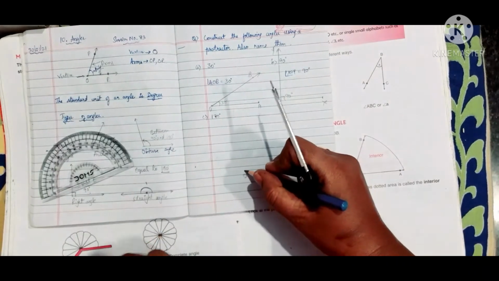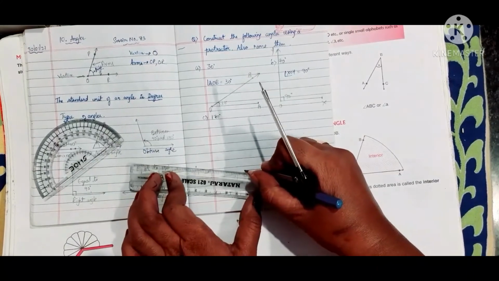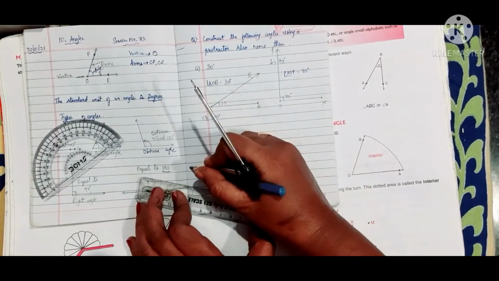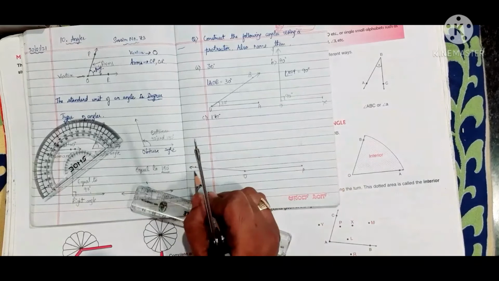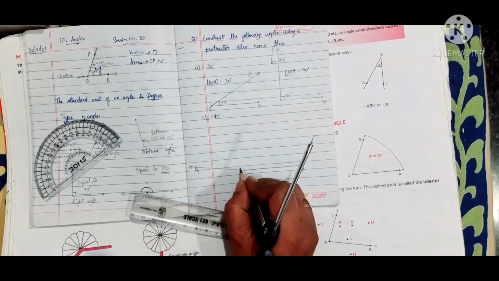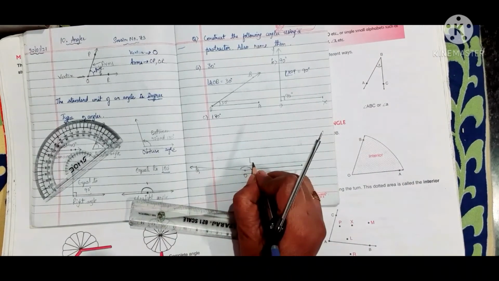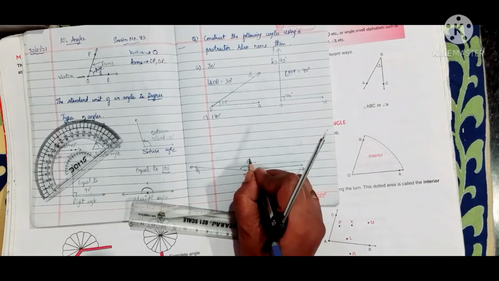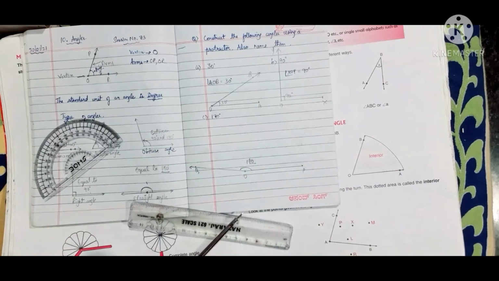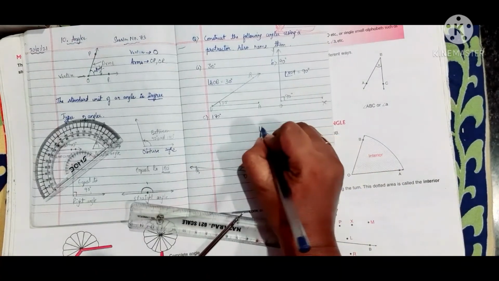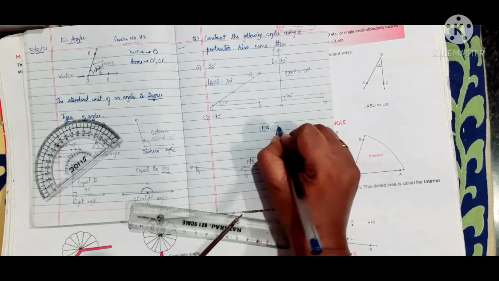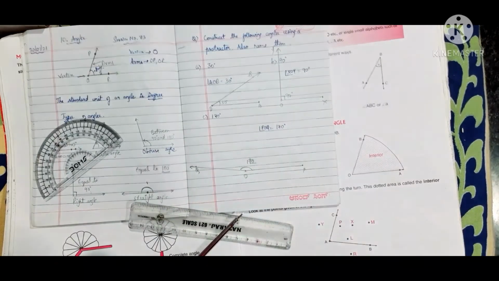Then take the ruler and join these 2 points, and call this point Q. This angle POQ is equal to 170 degrees. You can write it as angle POQ is equal to 170 degrees.